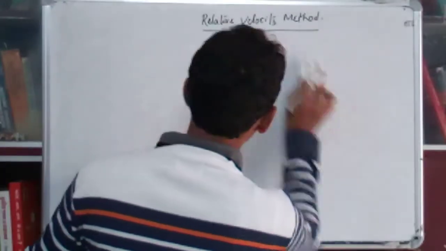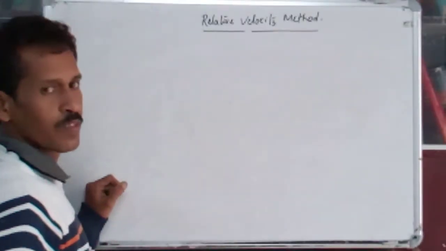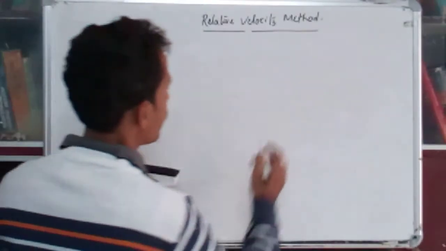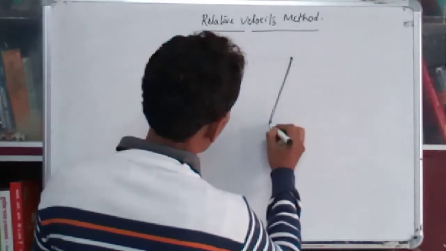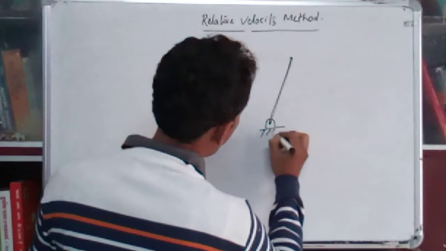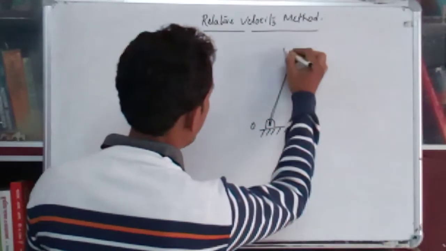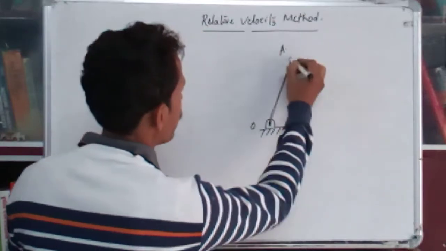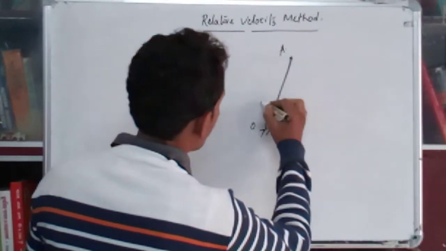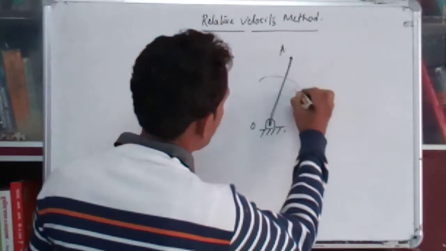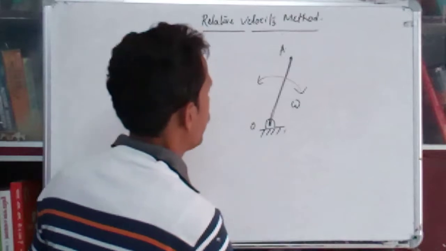Now, consider a link where one end is fixed, suppose that is O, and the other end is A. Suppose this link OA is rotating with some angular velocity omega.